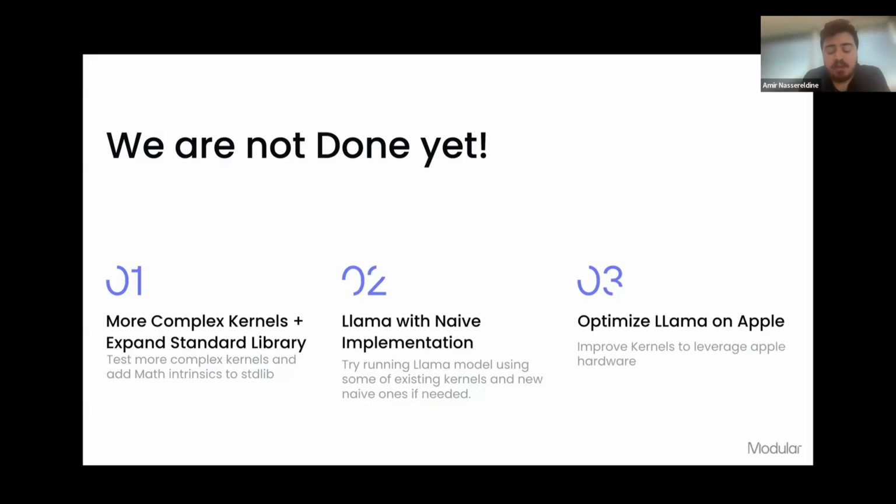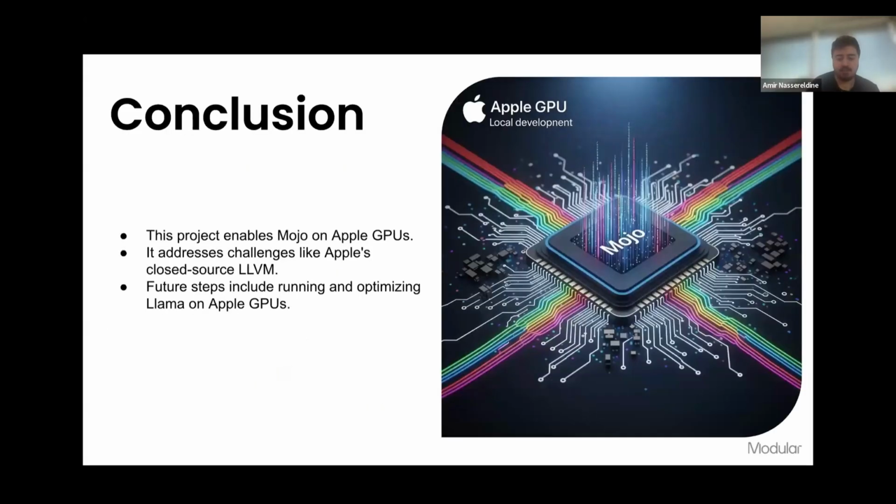And then from that, we should be able to run Llama once we have sufficient Llama-like kernels. After we have the naive implementation for Llama, we'll do some benchmarking, and then at the end we can optimize for Llama for Apple.